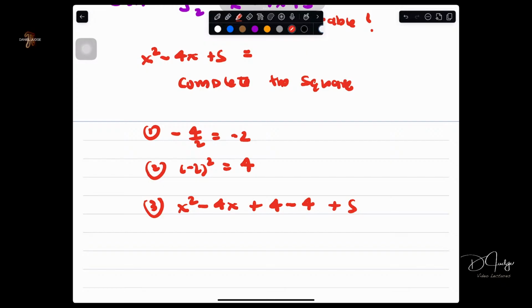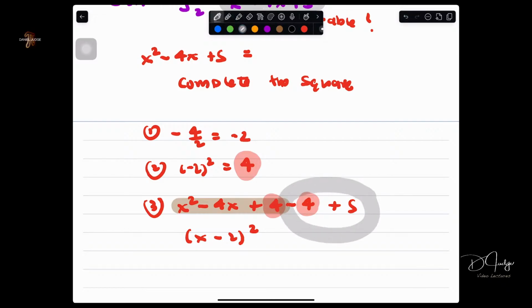We're adding the 4 and subtracting it. Now we're going to say (x minus 2) squared, and this portion we're just going to add. So we're going to get 1 here. -4 plus 5 would be +1.